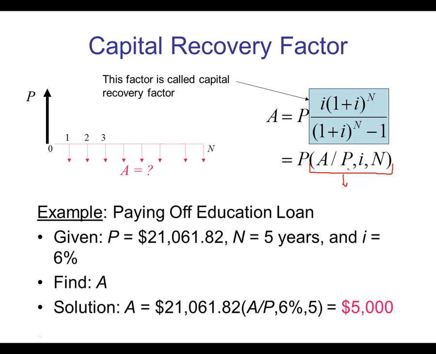Let's take an example about that. We would like to pay an education loan that we got today with the principal of $21,061.82 over 5 years, and with an interest rate equal to 6%.